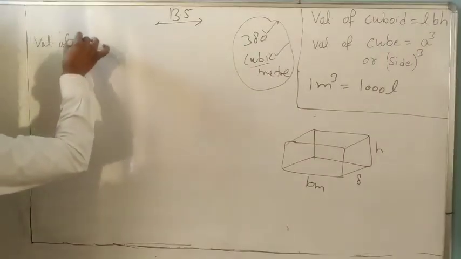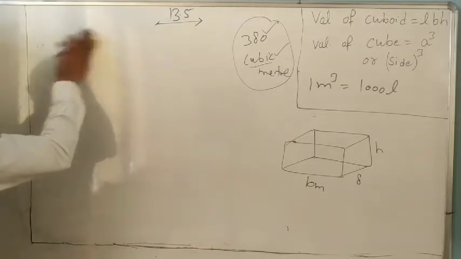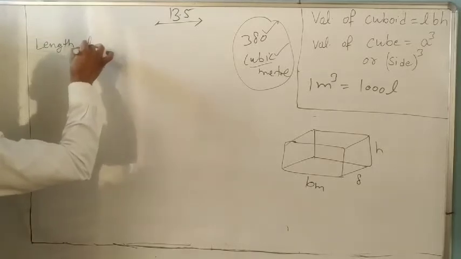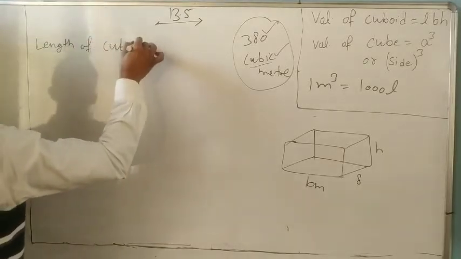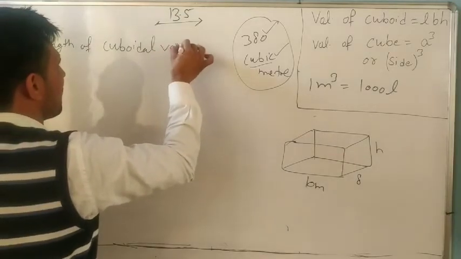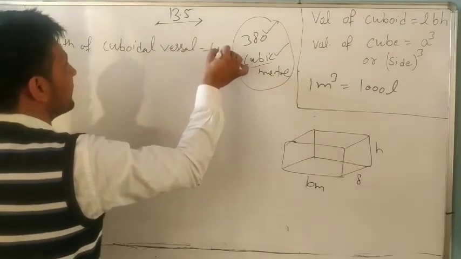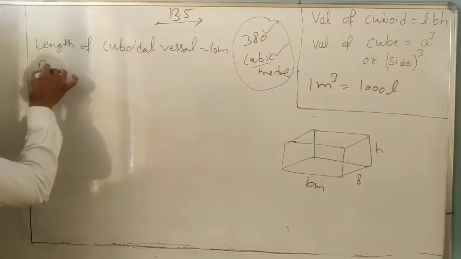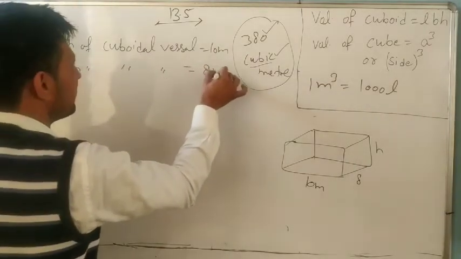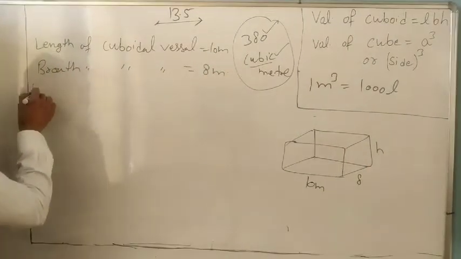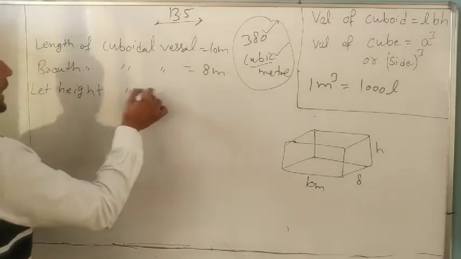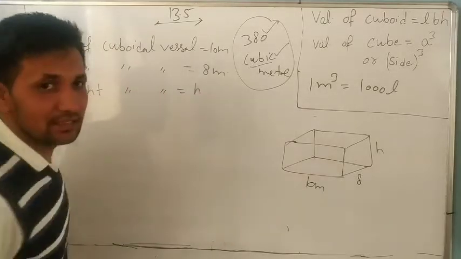So first we write the length of the cuboidal vessel: 10 meter. Breadth of the cuboidal vessel: 8 meter. We have to find the height, so let the height of the cuboidal vessel be h meter.